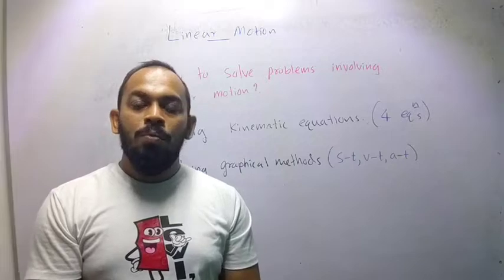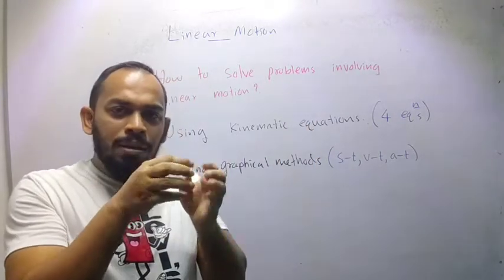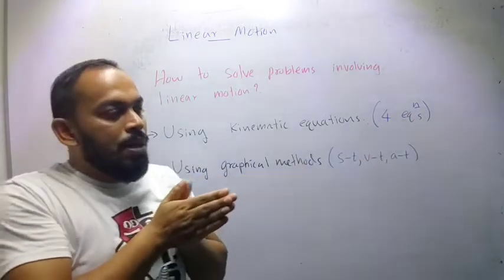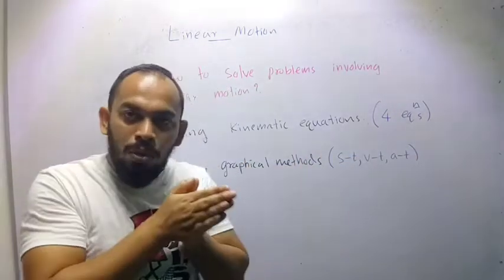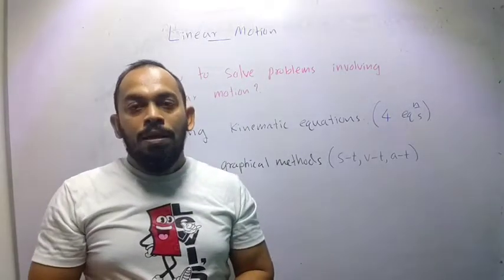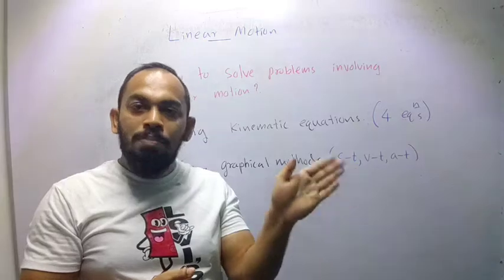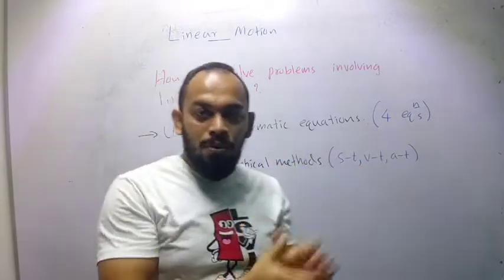So how can we solve problems that involve linear motion? That means particles move in one direction. Like I say, if a particle is moving in one direction, one dimension, horizontal, vertical, or in a plane, then change of velocity or the acceleration means actually the change in magnitude of the velocity.